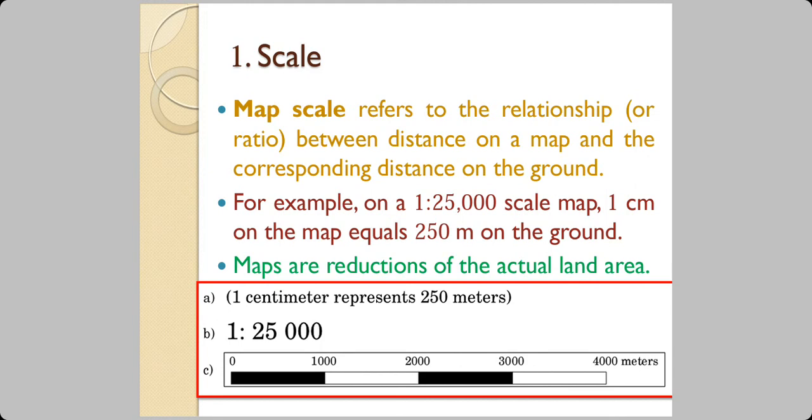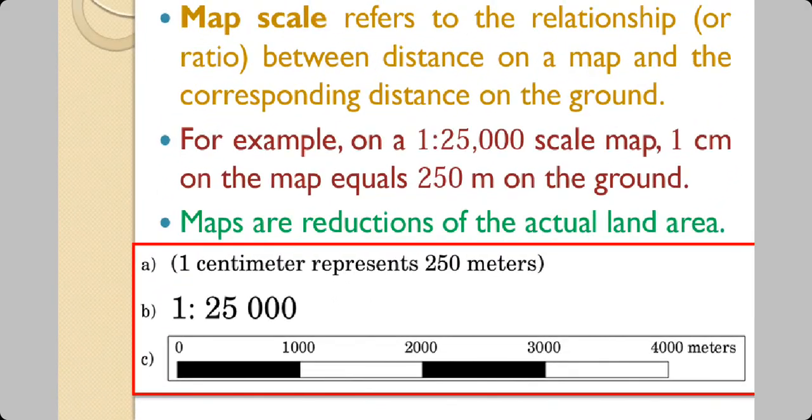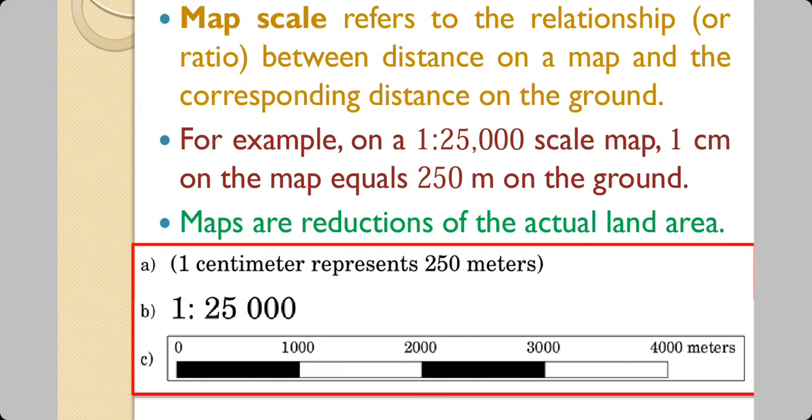Now remember that maps are reductions of the actual land area. So the bar you just saw below the map of Rajasthan is something similar. In our example, we have taken 1 centimeter as equal to 250 meters on the ground.